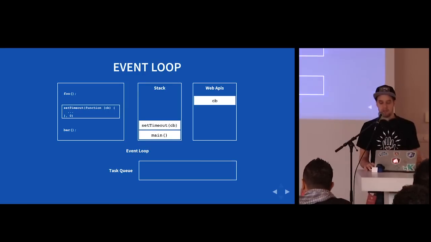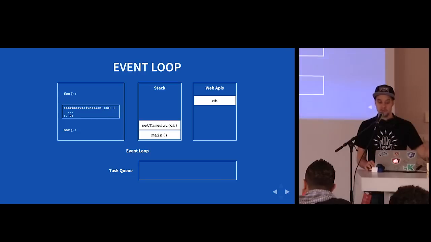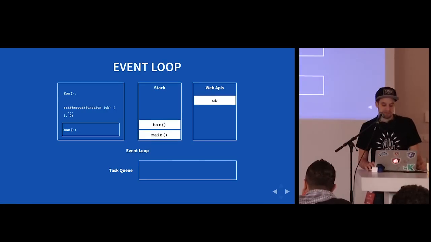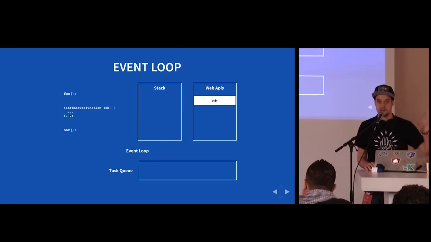And this is where web APIs come into play. So the web APIs basically schedule that timer. And then once that timer is done, something weird happens. But for now, setTimeout is being executed. This callback is scheduled somewhere, and then the function returns. That's it, right? And then the main function is done once bar is executed. Okay, so that was basically the first run, synchronous.